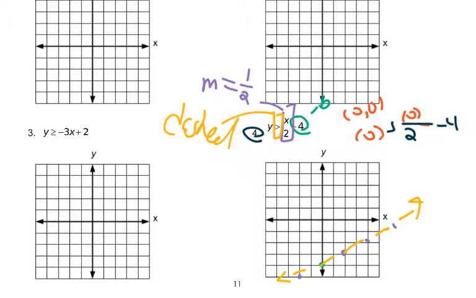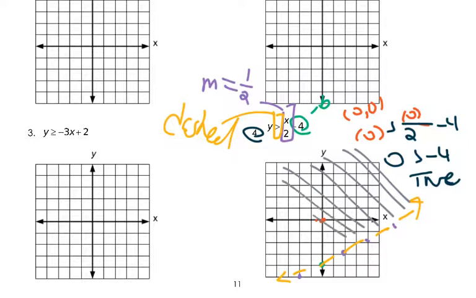And that would give me 0 is, why won't it work? 0 is greater than negative 4. That is a true statement. So therefore, at this point right here, 0, 0 is included in my solution set. So when I shade, I have to include my test point.